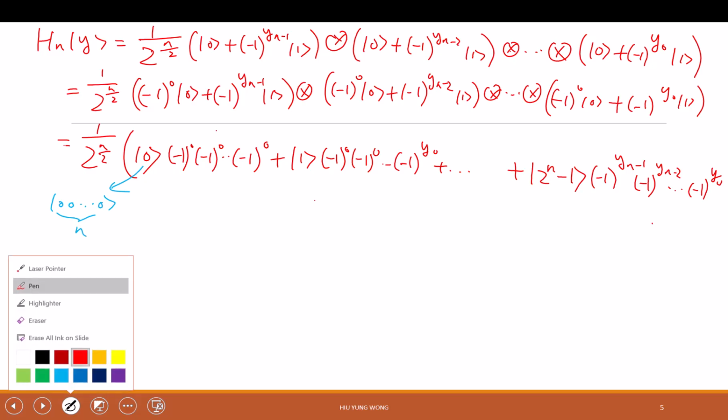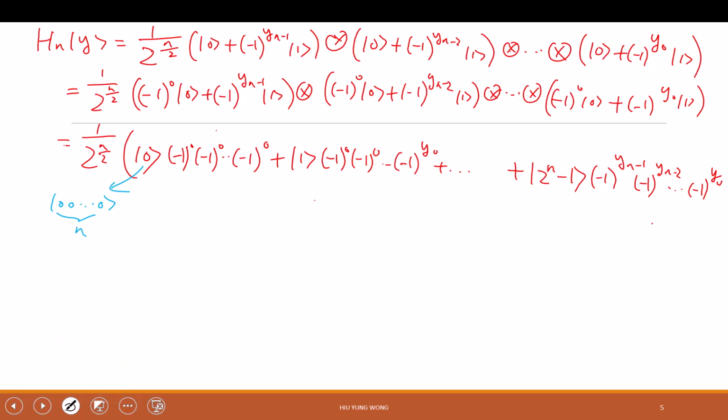Doing this is maybe not very useful, but what I want to tell you is that after this expansion, I get a coefficient. I call this C0. This is C1. This is Cn minus 1.